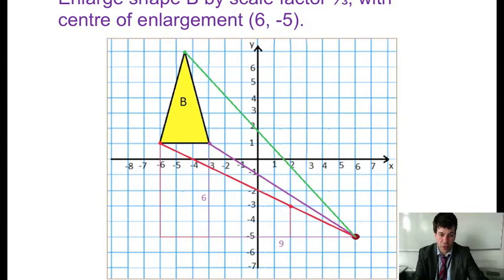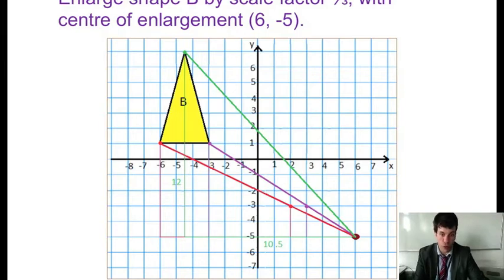The purple vertex is 9 units to the left, 6 units up. Calculating 1/3 of 9 and 6 means that the image vertex should be 3 units to the left, 2 units up. The green vertex is 10.5 units to the left, 12 units up. A third of 10.5 is 3.5.